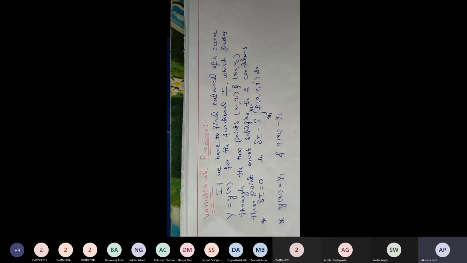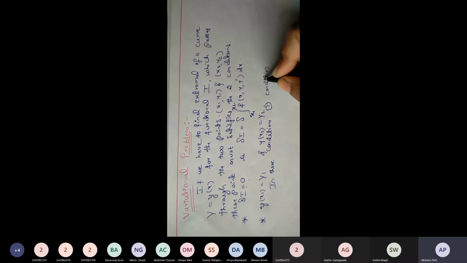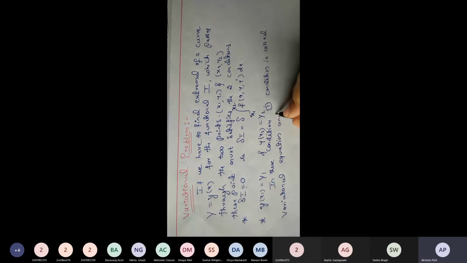If you want, you can write here: condition number 1 is called the variational equation, and the second condition is called the boundary equation.